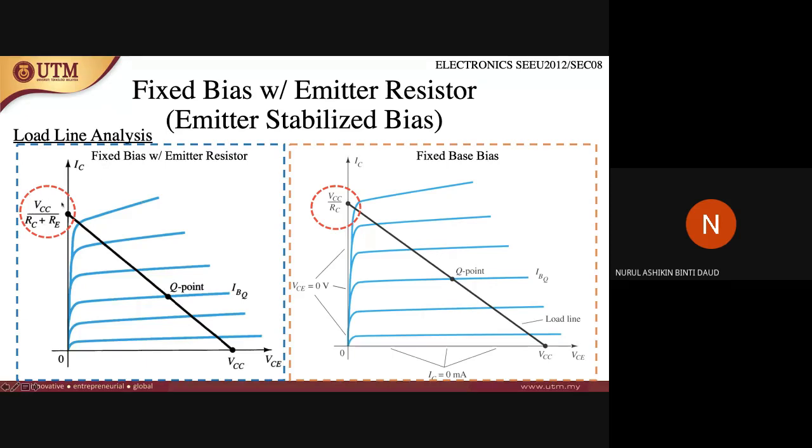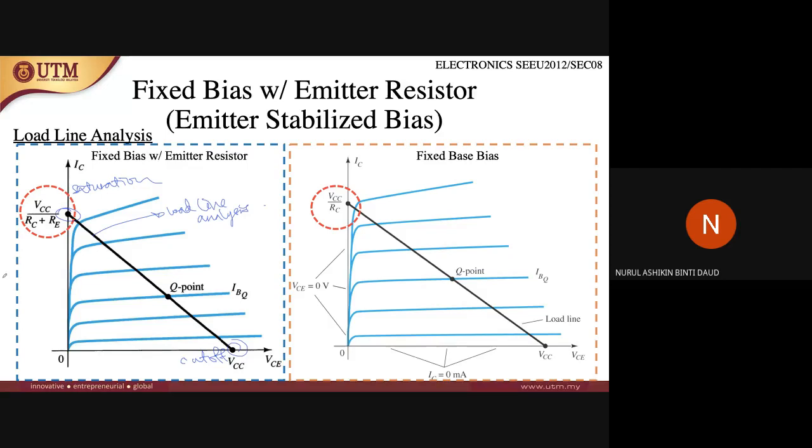This is the graph for fixed bias with emitter resistor. This is the saturation equation, and this is the cutoff equation. Once you get these two intercepts, just connect the dots and you will get the load line. This is what we call load line analysis.